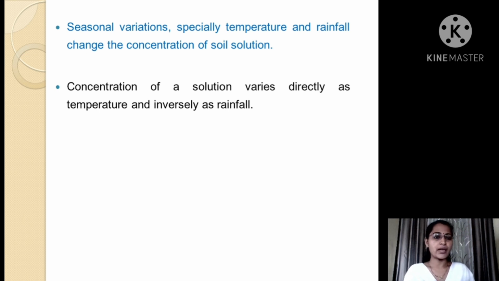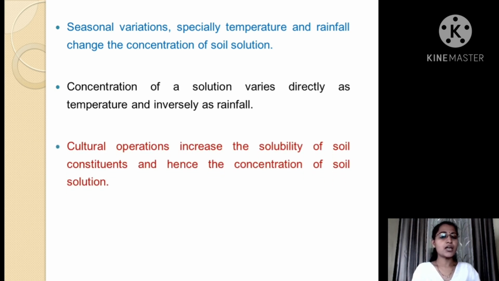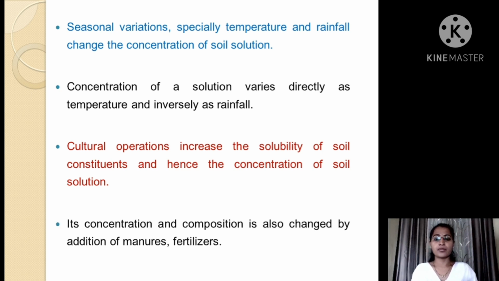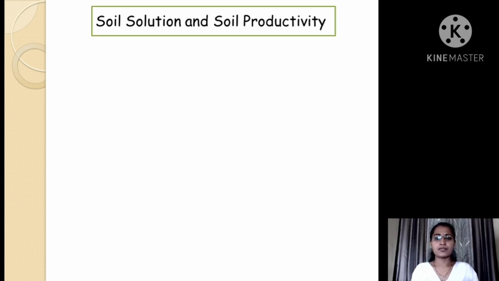Concentration of solution varies directly as temperature and inversely as rainfall. Cultural operations also increase the solubility of soil constituents and hence the concentration of the soil solution. Its concentration and composition is also changed by addition of manures and fertilizers.